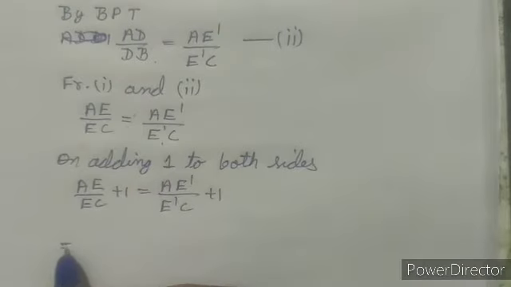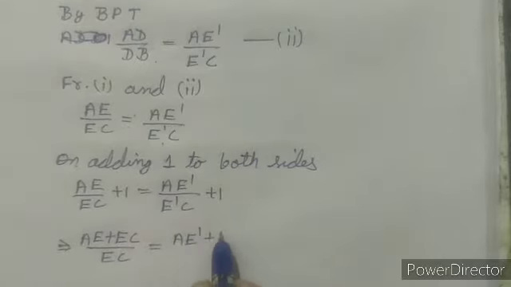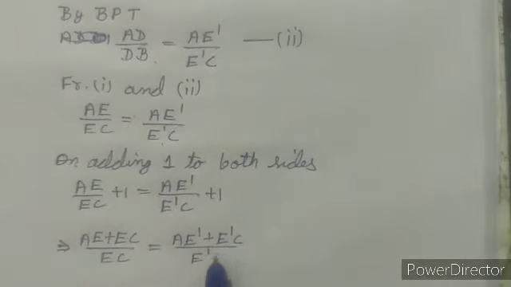On taking LCM, it will be AE plus EC upon EC, and that equal to AE dash plus E dash C upon E dash C.